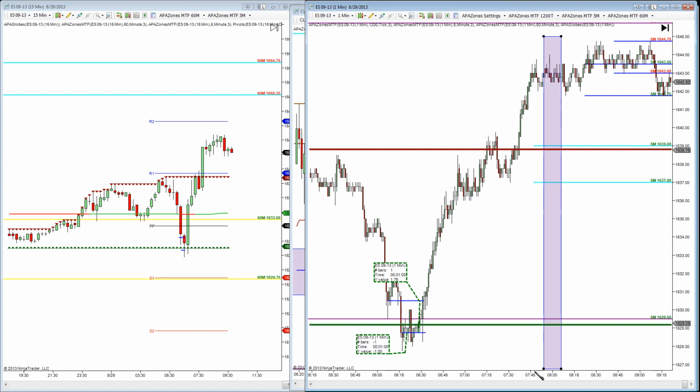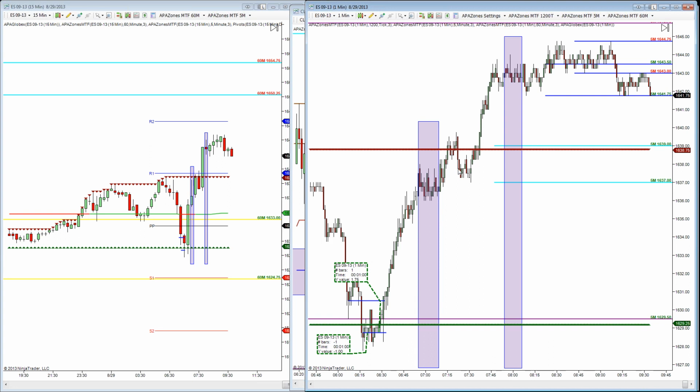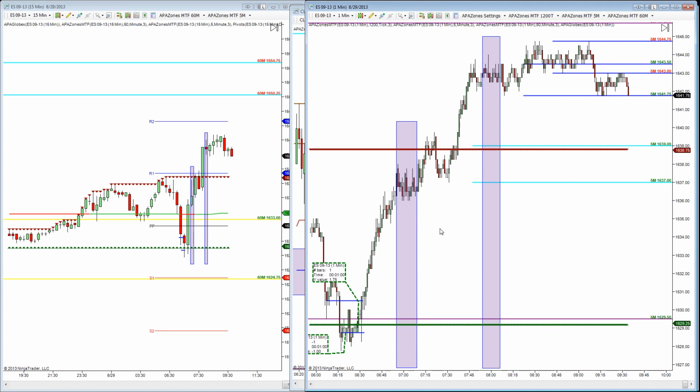Yeah, and we see something. Let's look at that 7 o'clock time again. So obviously it just kind of jittered there. I would say 7:30 was a better retracement type of trade for you.